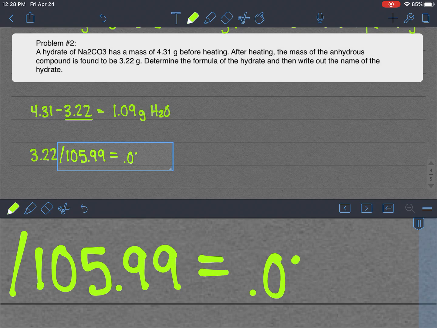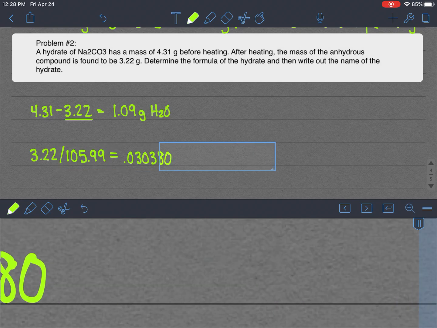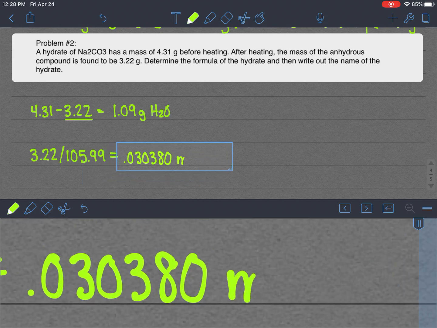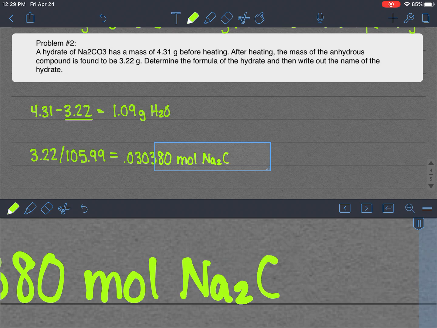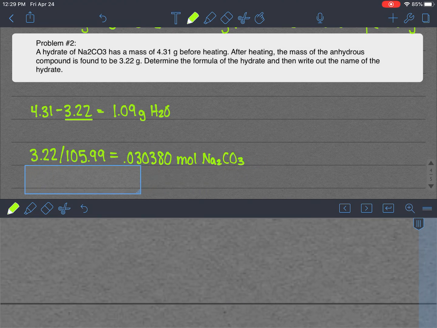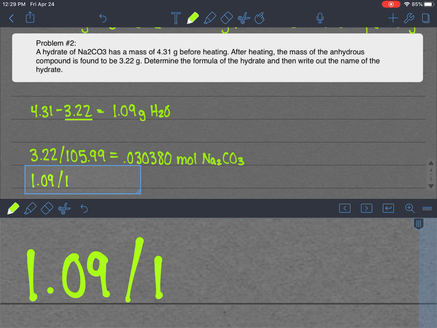And that's 0.03038. That's moles of Na2CO3. The next part I want to do is moles of water, so 1.09 divided by 18.02.